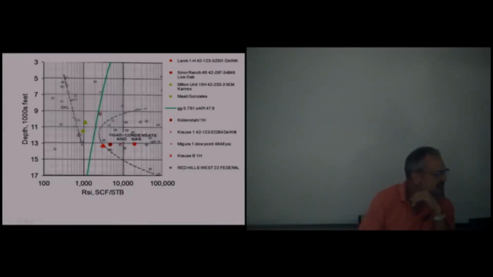Now if I got something on that line right about here, I always have to remember that my students can't see that, so I'm going to use a different color, because I don't know whether it's condensate or oil. If it's in this area right here, I'm going to say go out and get a sample and run it to the lab.